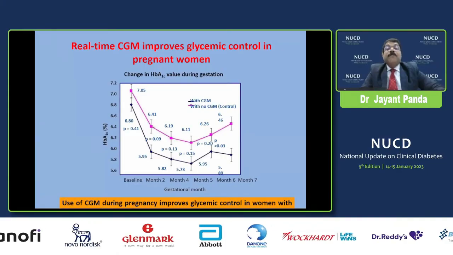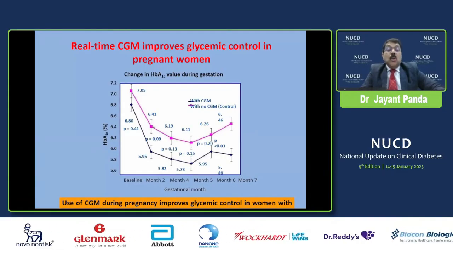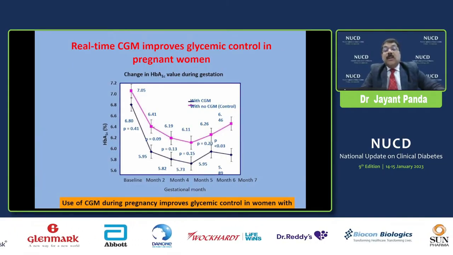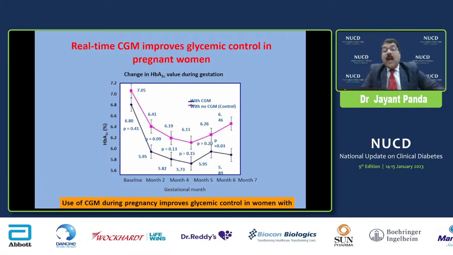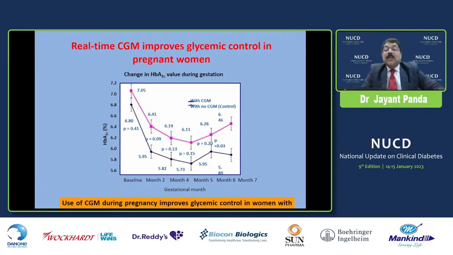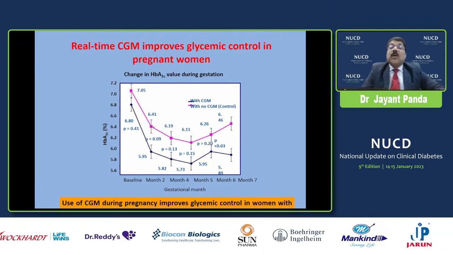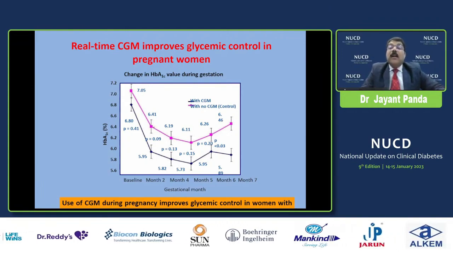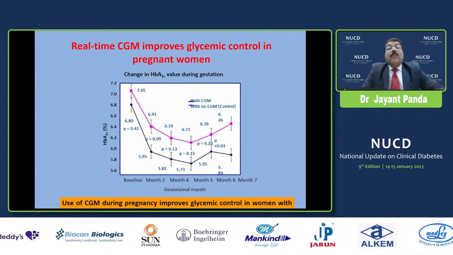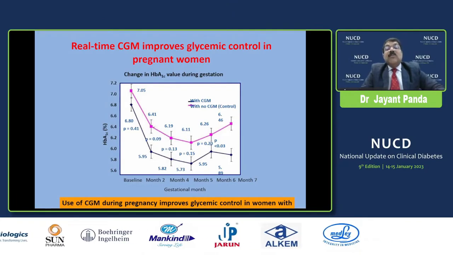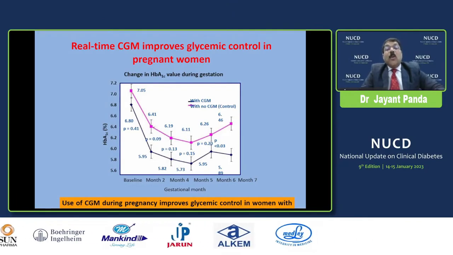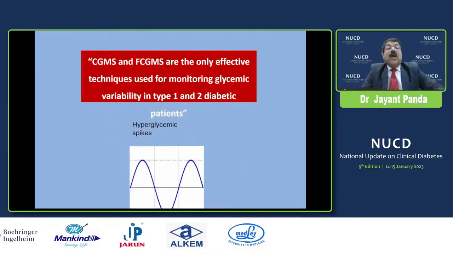And real-time CGM improves glycemic control, and the use of CGM during pregnancy improves glycemic control in women with type 1 and type 2 diabetes, lowers the infant birth weight, and reduces the risk of macrosomia. It's a very important use that we follow up CGM in pregnancy and diabetes and achieve a better control, which is very important not only for the mother but the child also.